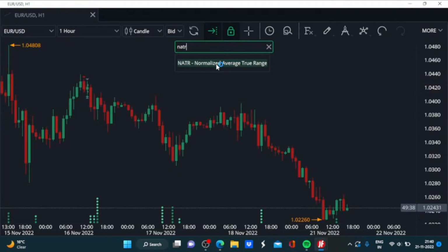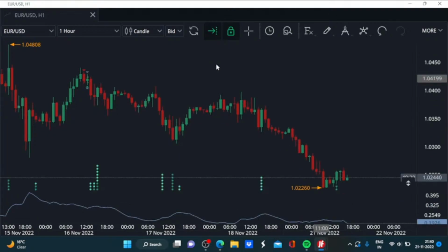Now I am adding it to the Euro USD chart with the candle period defined at hourly. So we get this measure of last 14 candle periods. That simply means we are taking into account the volatility equivalent for last 14 hours, since each candle period is of hourly time frame. And then we get the idea of how volatile the instrument has been in respect of its actual price.